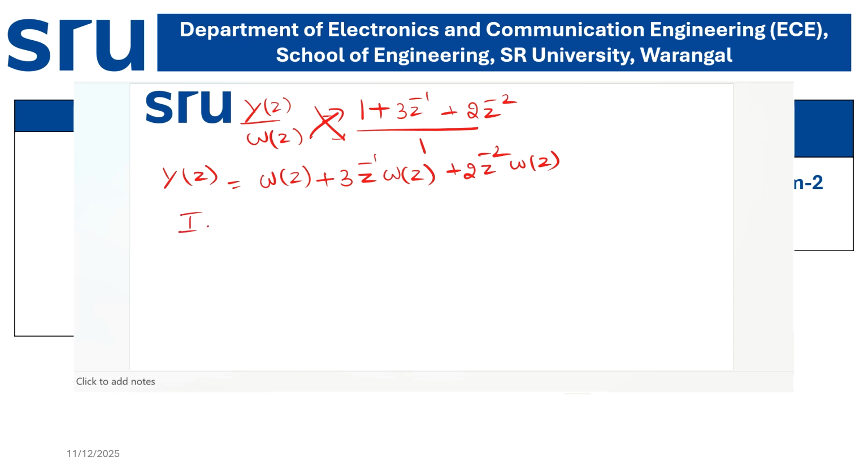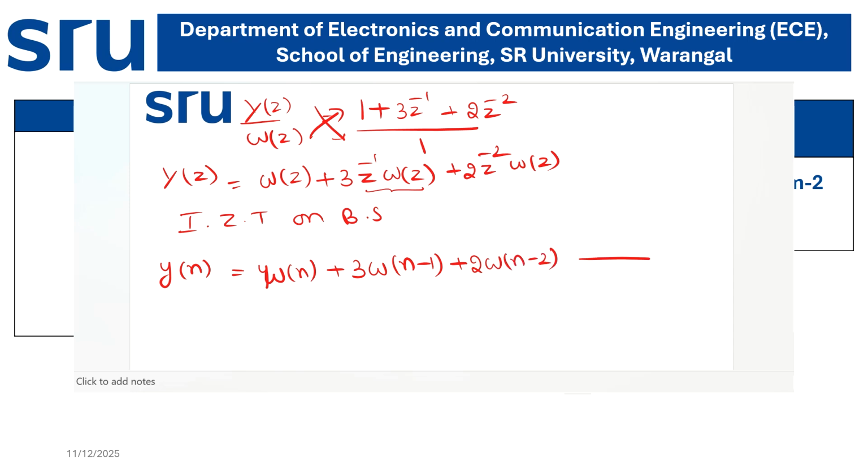Now apply the inverse z transform on both sides. Then y of z becomes y of n in the time domain, and w of z becomes w of n, plus 3 into z power minus 1 into w of z becomes w of n minus 1, plus 2 into w of n minus 2. Call it equation number 2.